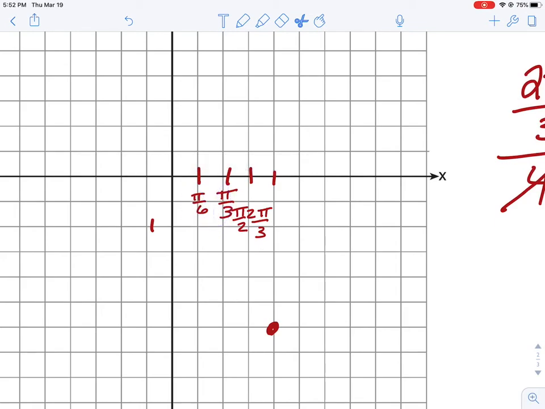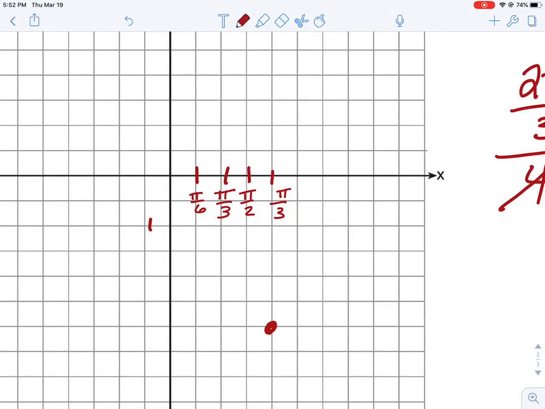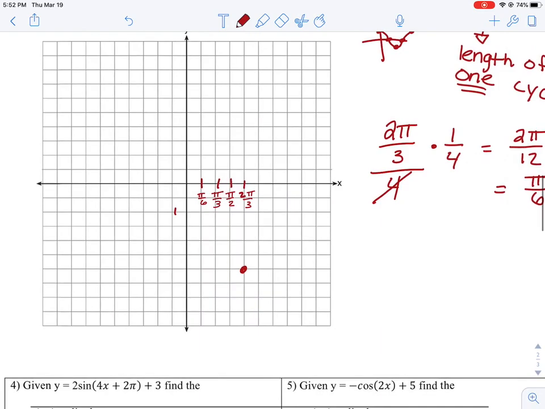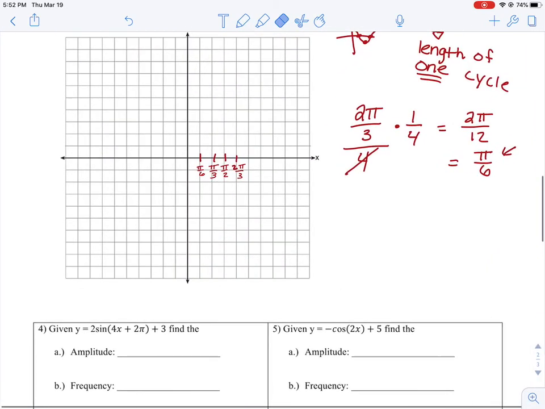So if I did 2 cycles on the one side, I would need to just continue graphing this. Okay, 2 pi over 3. We are good. Let's erase all of this and let's show you one more option on how to graph these.